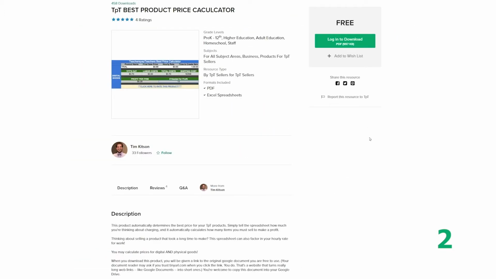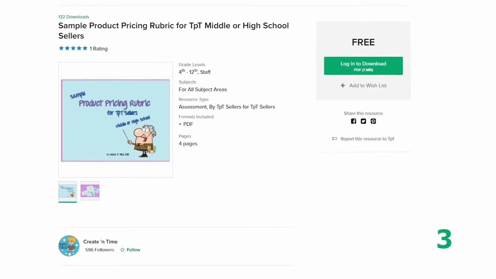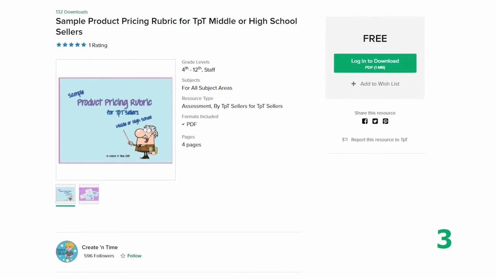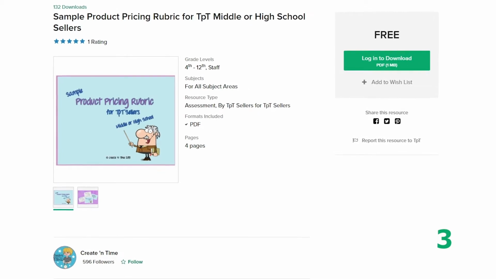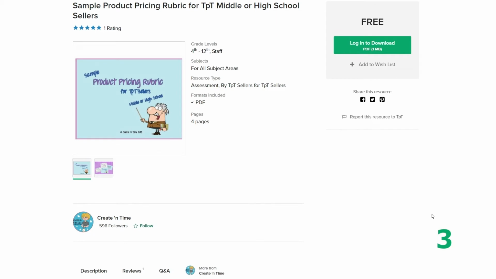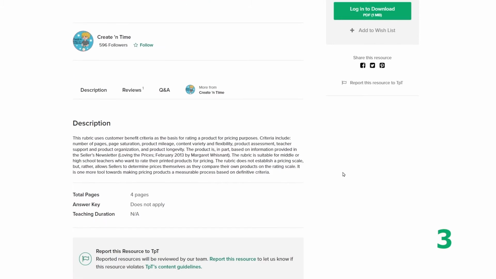His product supports all grade levels, even adult learners. It is a tool for both digital and physical products. Number 3, Sample Product Pricing Rubric for TPT middle or high school sellers by Create in Time. This product is suitable for grades 4 to 12 as well as products for all staff.